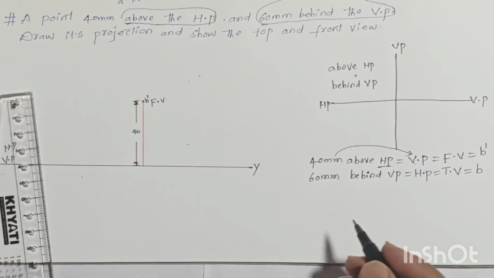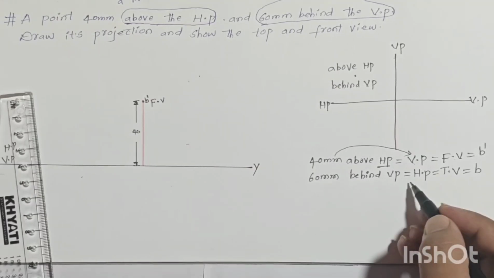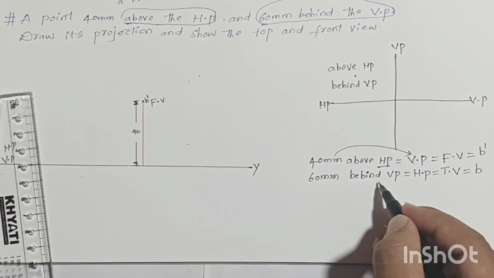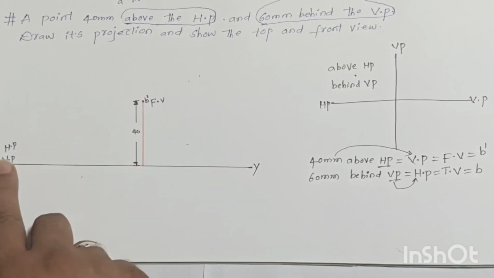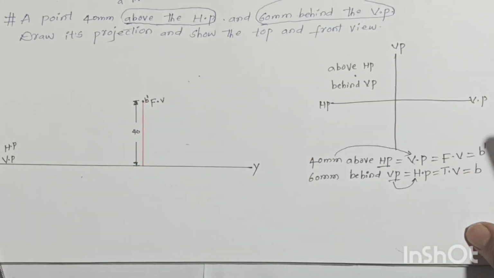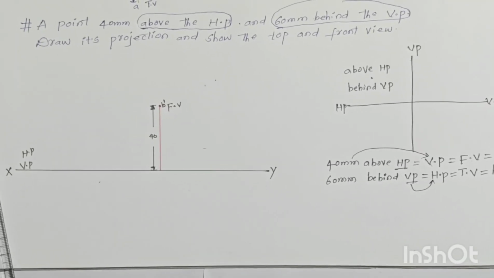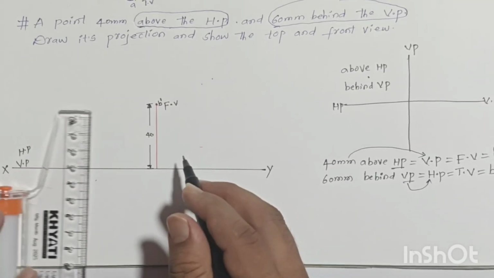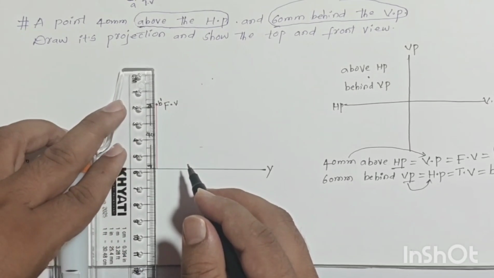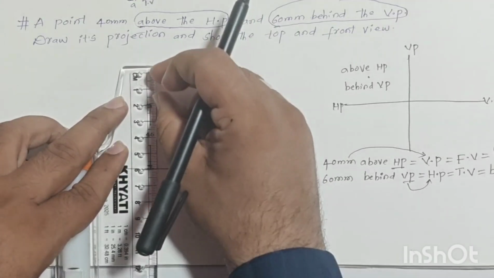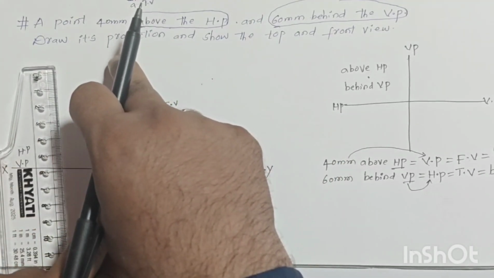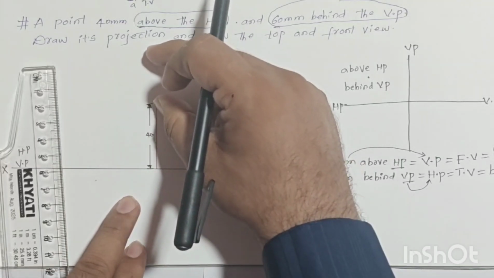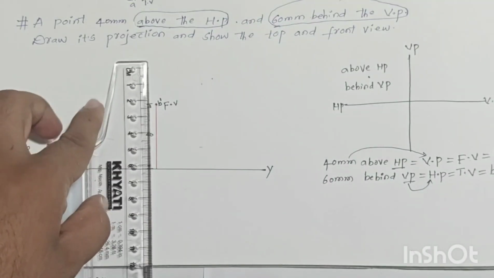Clear? Then 60 mm behind the VP means it rests on the HP. HP and VP both are above the reference line. So from this point, we have to take an extra 20 mm. If you want to measure from the reference line, the total length should be 60. From this point, 20 mm we have to take.